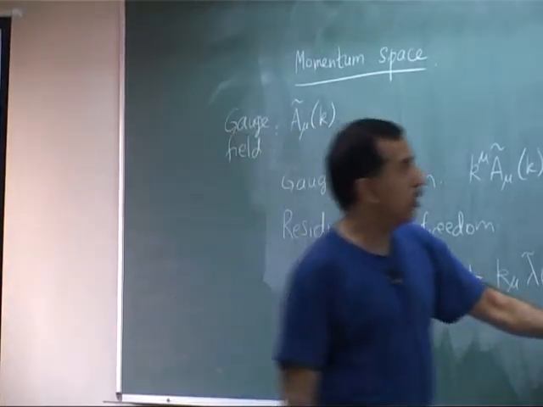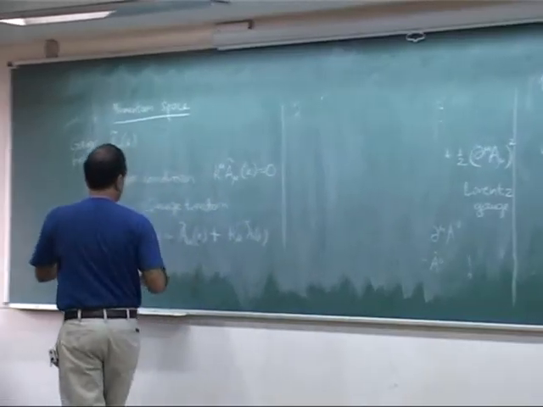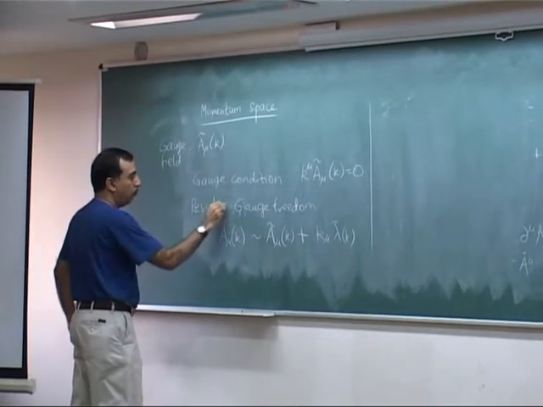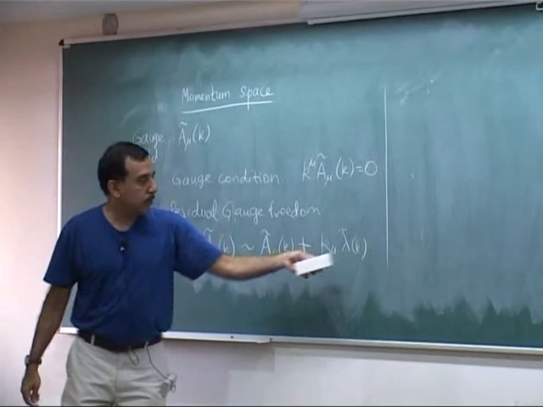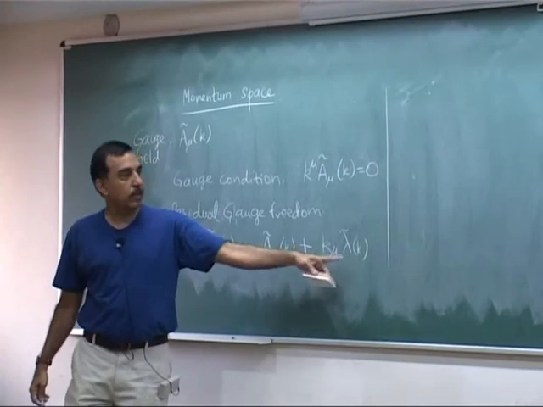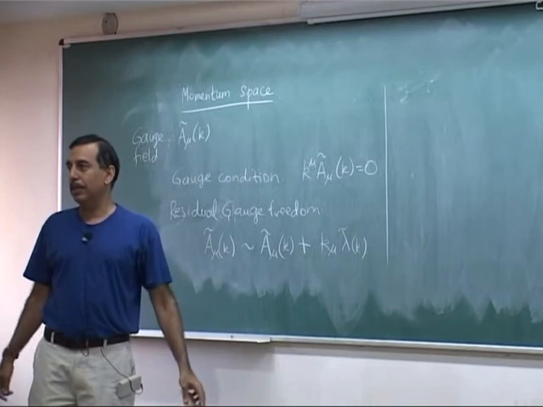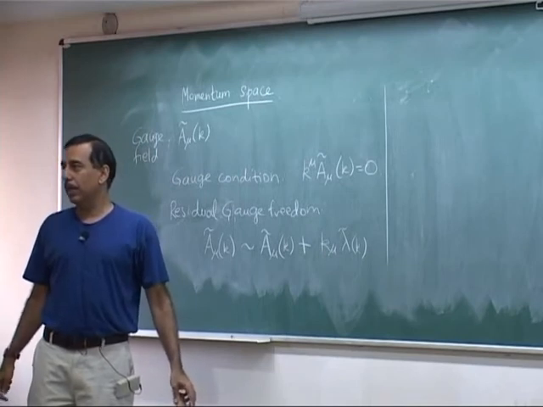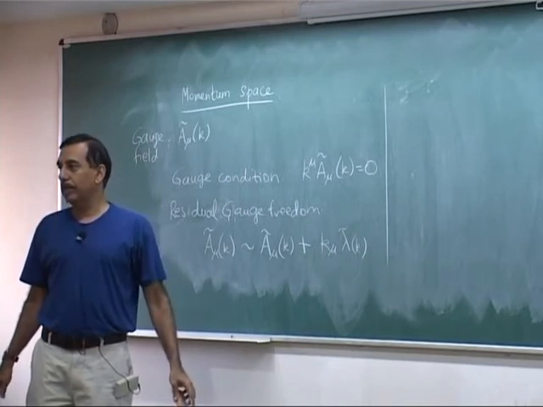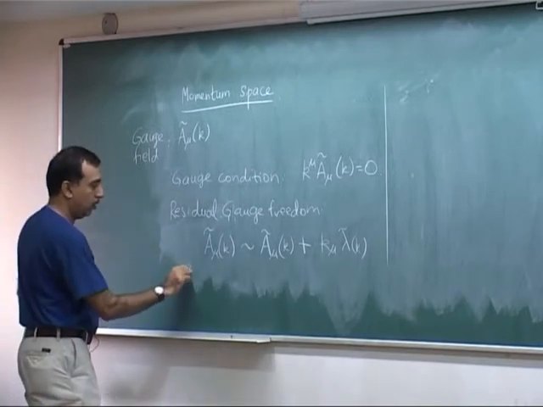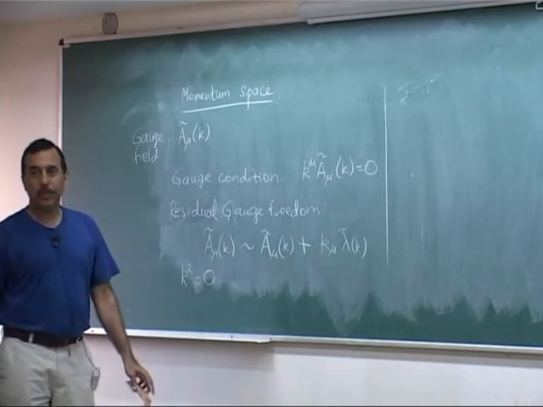So in momentum space, okay, let's do it here. This is with a constraint on this term, which is del mu lambda equals 0. What constraint is that? In momentum space, k squared equals 0.